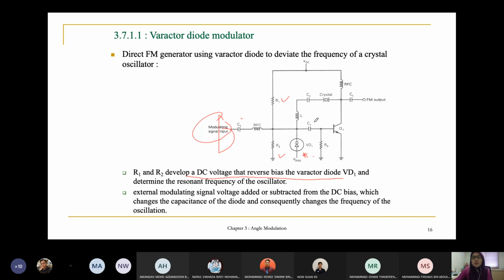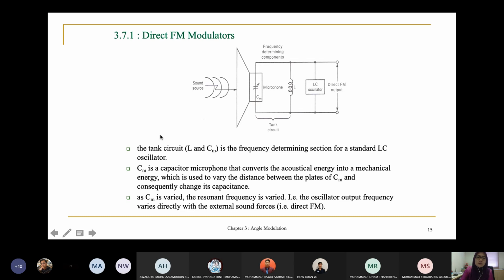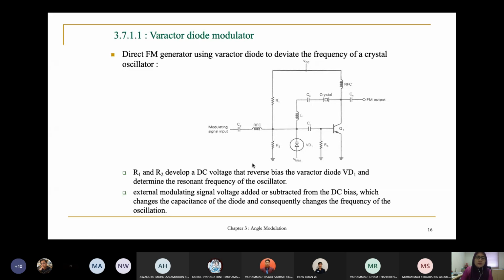If you compare this statement with the previous statement, this is a general statement on direct FM modulators. Basically, you can see that how it controls the frequency is based on the value of the capacitance.